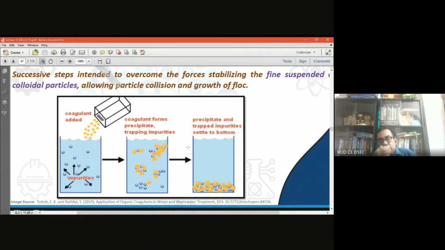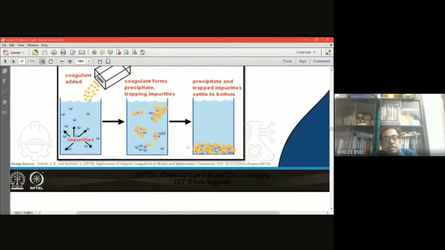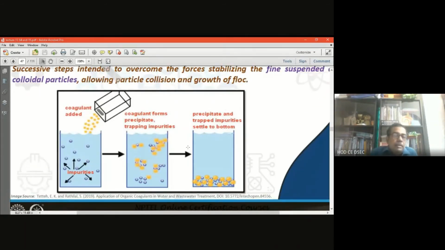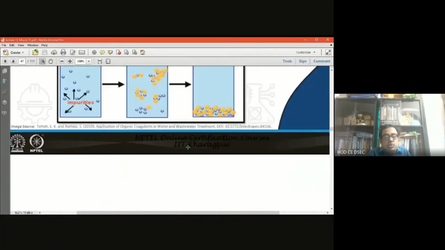Finally, what you observe in the figure is that the precipitate and trapped impurities settle at the bottom. All the impurities settle at the bottom with the coagulant. Nothing is left in suspension in water. So this is the function of the coagulant. Adding the coagulant, these coagulants trap the impurities, make the floc, and settle at the bottom of the tank and clear the water. This mechanism I have tried to show you in the figure.